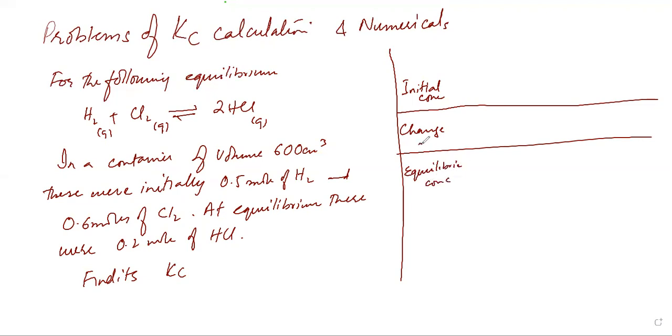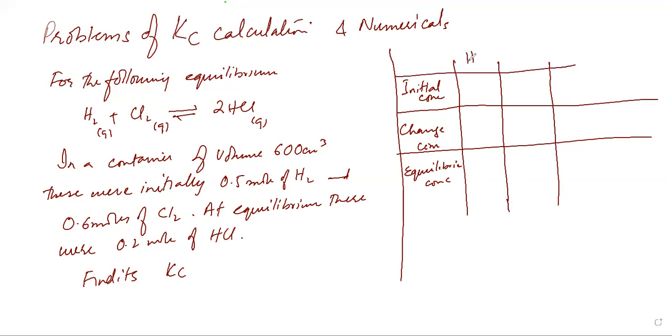Concentration rather moles. Because हमें भी इसने फिलहाल क्वेश्चन में मोल्स दिए हुए हैं, concentration हमने खुद कैलकुलेट करना. We have hydrogen, chlorine and HCl.